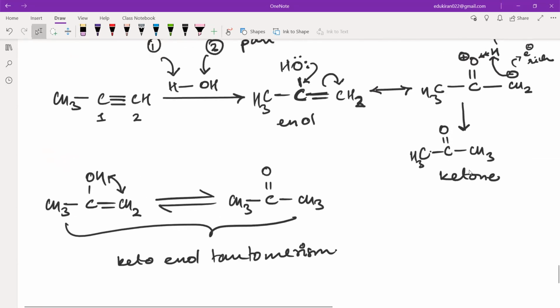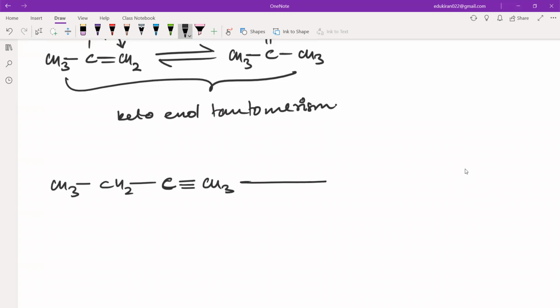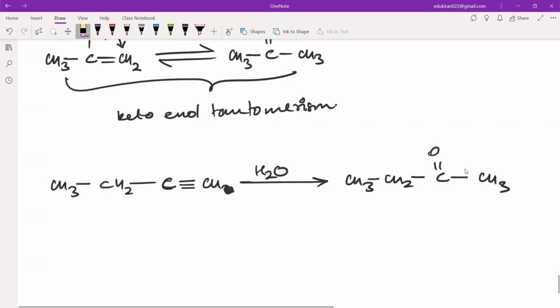Okay, now, we can say the carbon which has less number of hydrogen gets the double bond O. It forms ketone. So if I have something like this, CH3, CH2, single bond C, and let us say C triple bond CH3, in the presence of water, CH3, CH2, C double bond O, and you will get CH3.